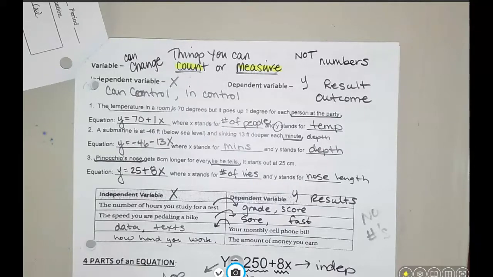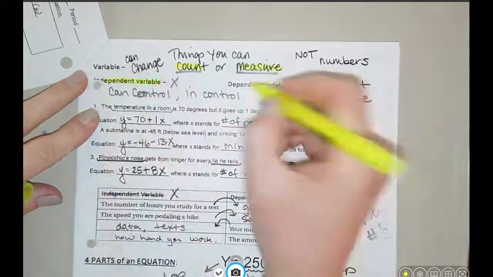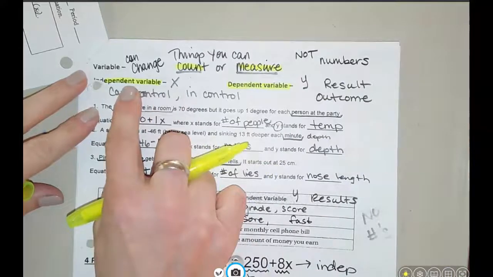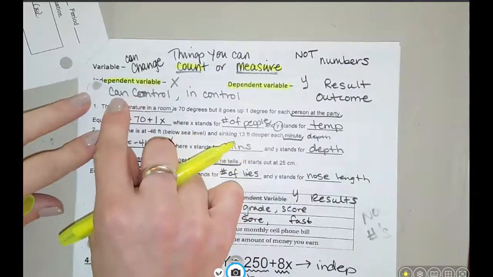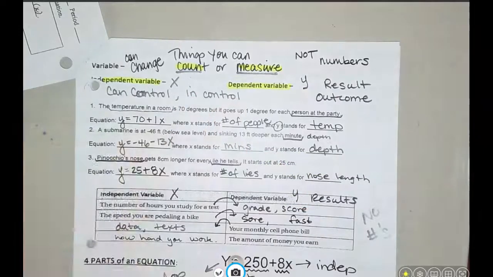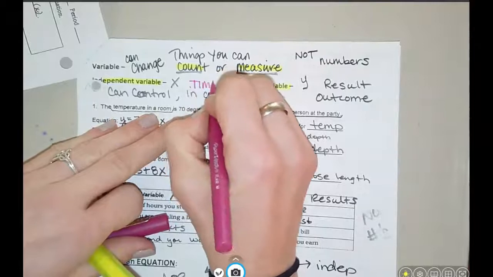Okay. And then in video 9, we also talked about independent variable and dependent variable. So we always use an X for the independent variable, and that's something that you can control, or the thing that's in control, or also if you have a problem with time.